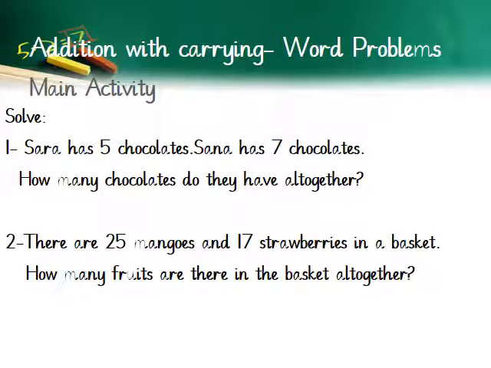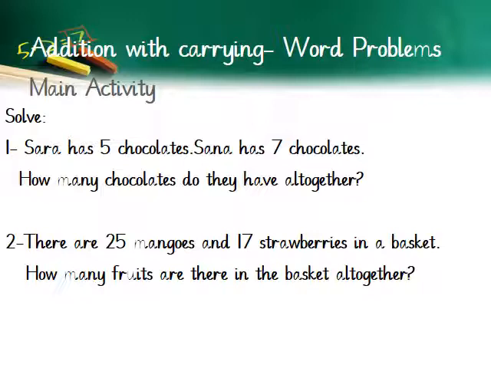Yes, Sarah has 5 chocolates and Sana has 7 chocolates. These will be our statements, and our working will be on the very right side. Yes, 7 plus 5. It will be 12 chocolates, and they have 12 chocolates all together.